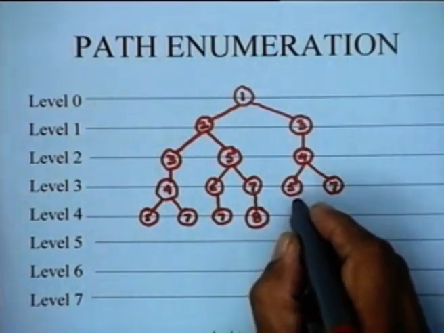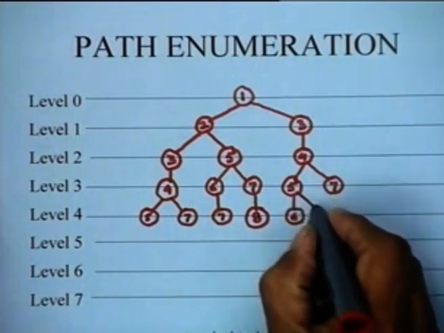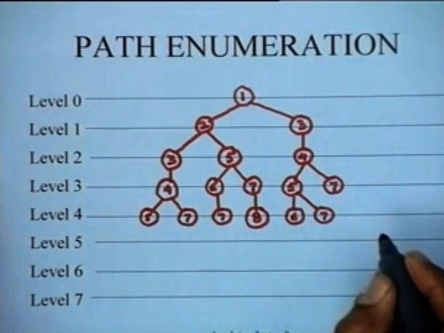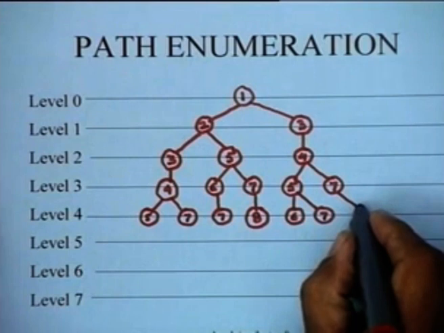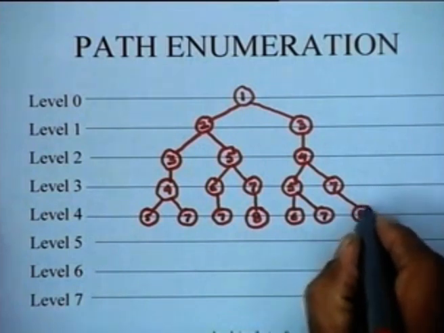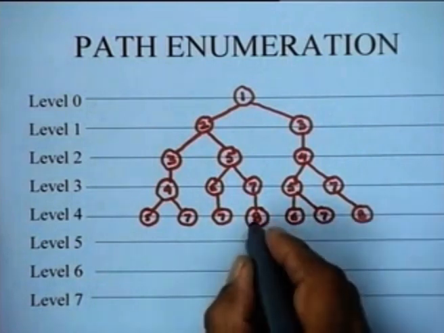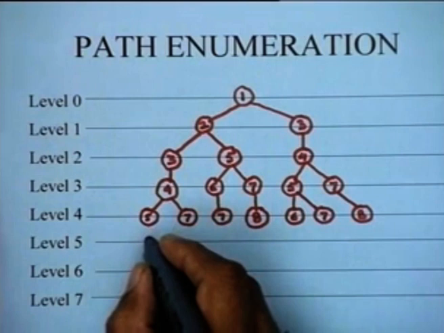But you can look at node 5. From node 5 I can go to node 6, or I can go to node 7, and from node number 7 I can go to node number 8. So, as far as 8 is concerned, it is over. These nodes will not be tapped further, but from 5 I can go to 6 and 7.